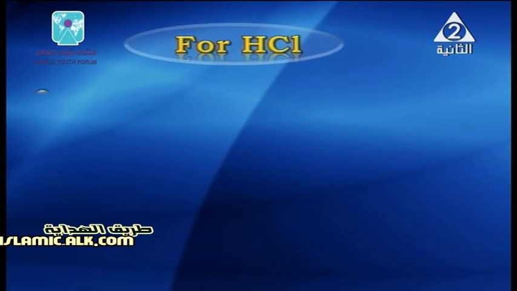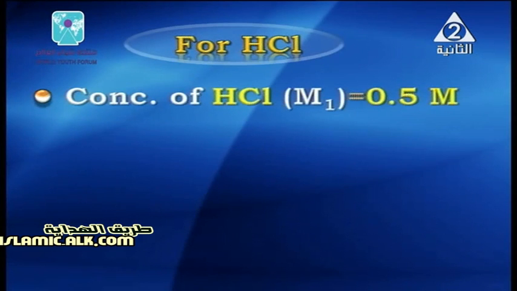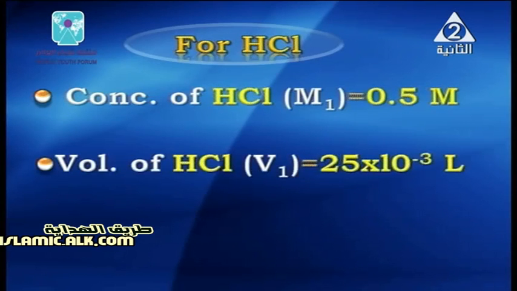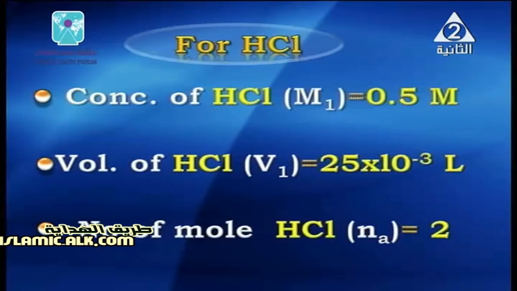Here for HCl, the concentration of hydrochloric acid M1 equals 0.5 molar, the volume of hydrochloric acid V1 equals 25 times 10 to the power negative 3 liter, and the number of moles of HCl Na equals 2.